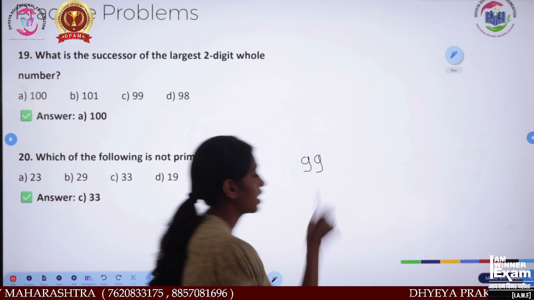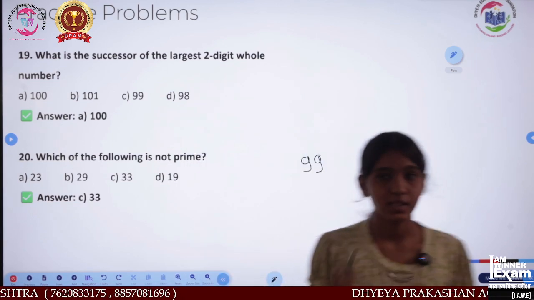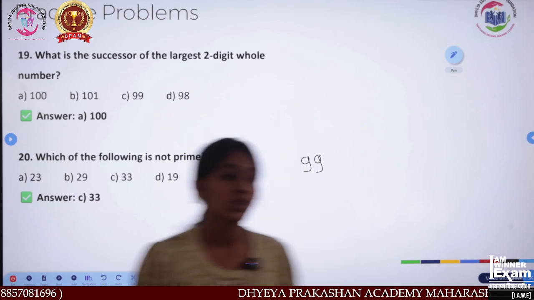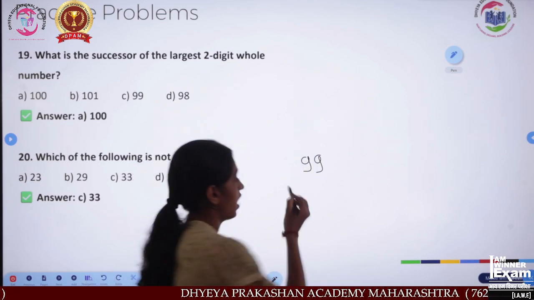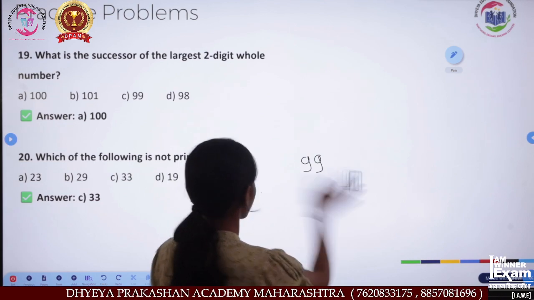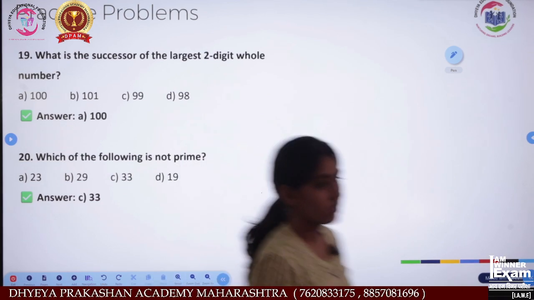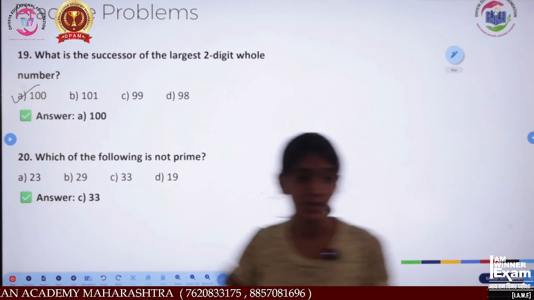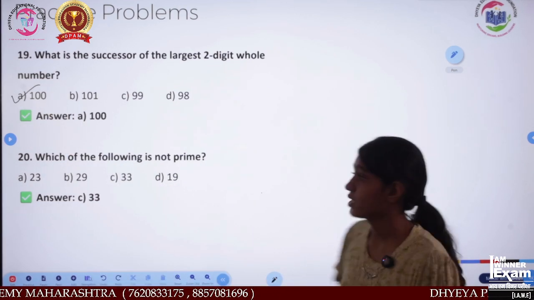What does successor mean? Successor means the number that comes after that number. After that number, 100 comes. That means the correct option is A. 100 comes after 99, which is the biggest two-digit number.